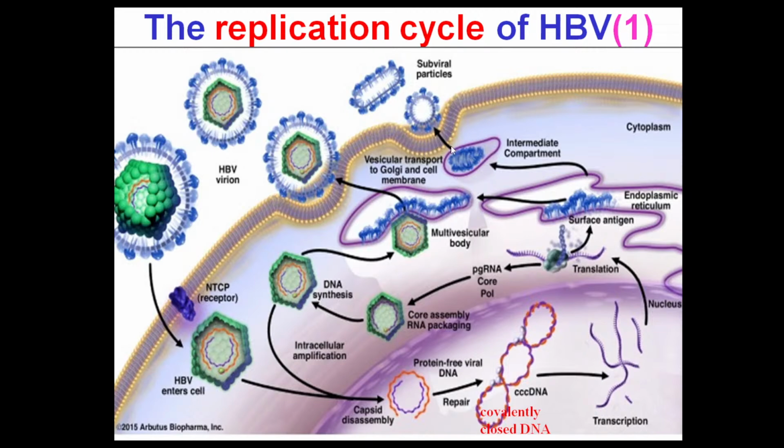Can you see that also, separately from the Dane particles, these subviral particles will be released by exocytosis through the cell membrane. So we can see as a result the development of the completely formed Dane particles, then subviral particles.